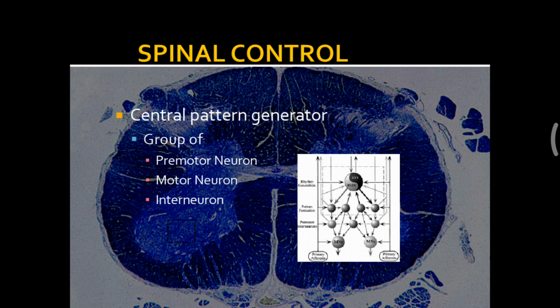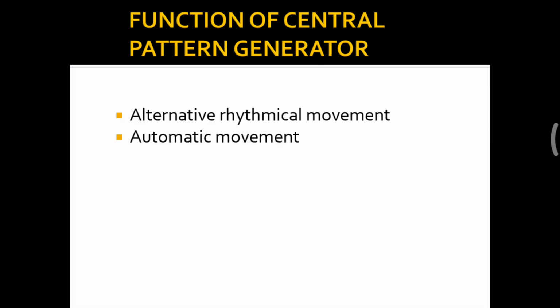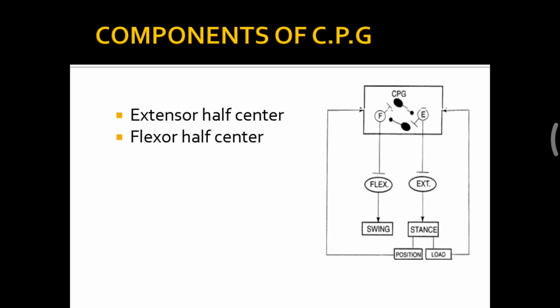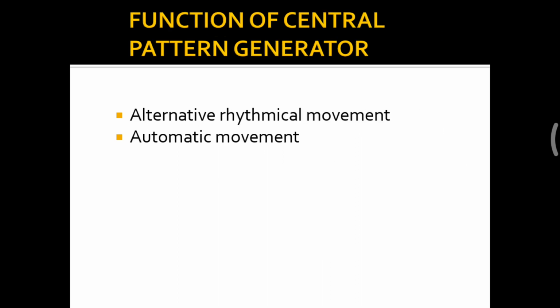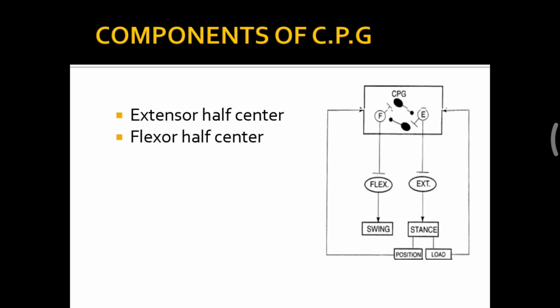We will see a clearer picture of it. Now, this central pattern generator has been thought to contribute to alternating rhythmical movement of the leg, and this was found to happen automatically, irrespective of the central command, once a gait is initiated.